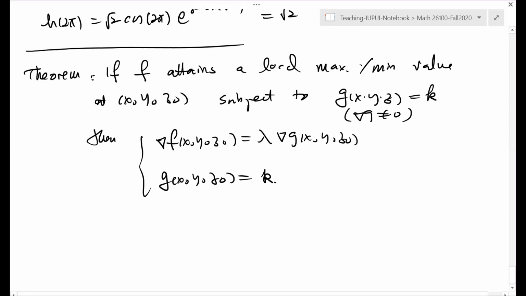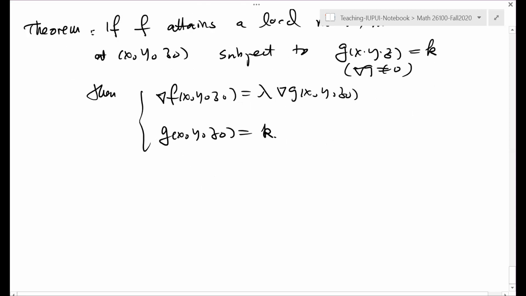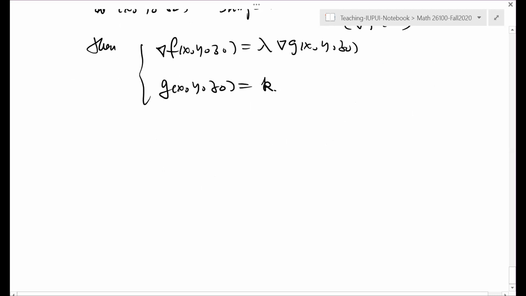We have a good example. This is a story problem. I want to discuss this in the class. A rectangular box.